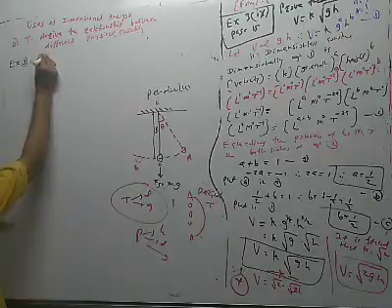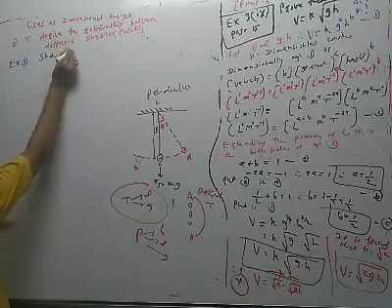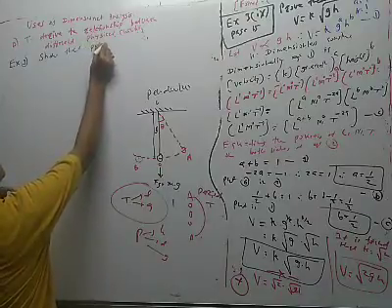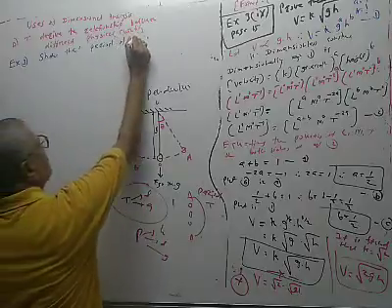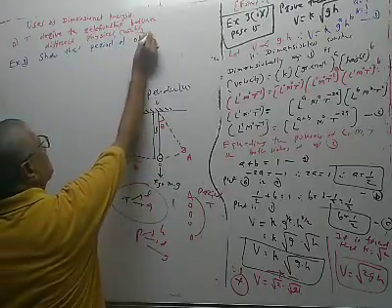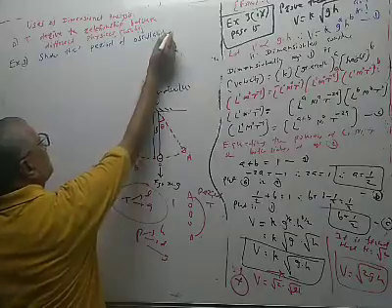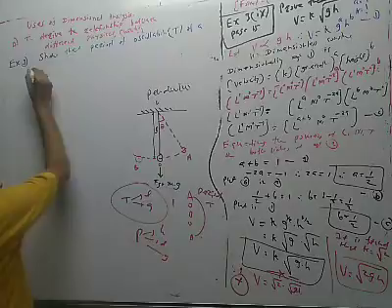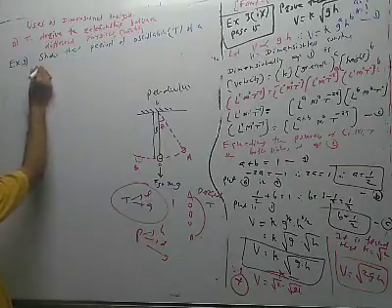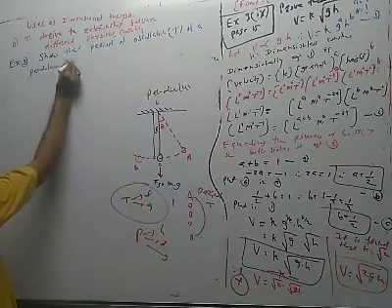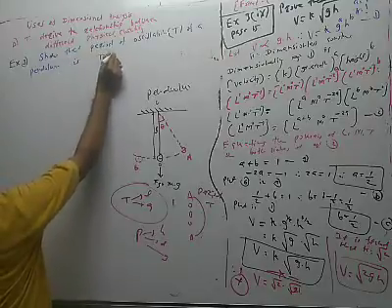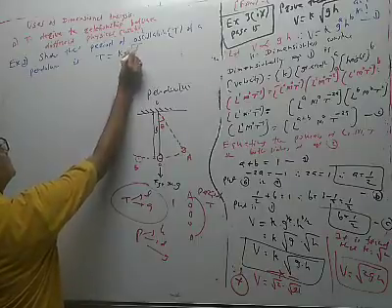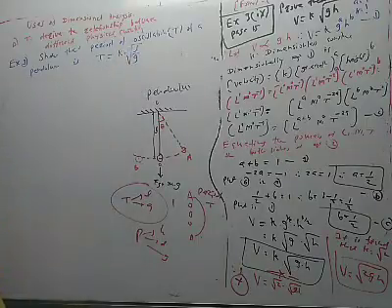Show that period of oscillation T of a pendulum is T is equal to K multiplied by under root L by G.